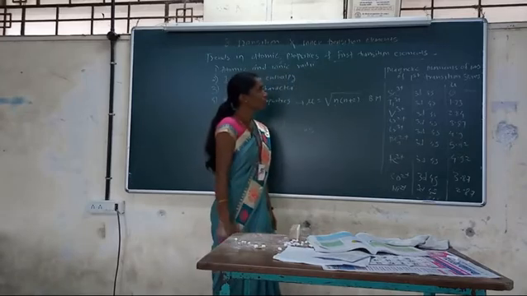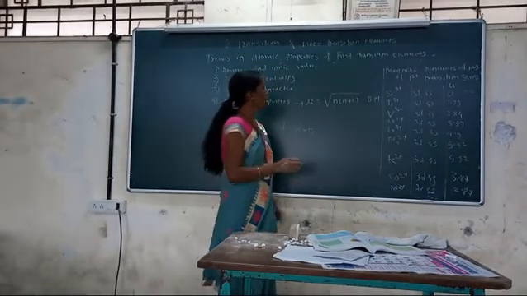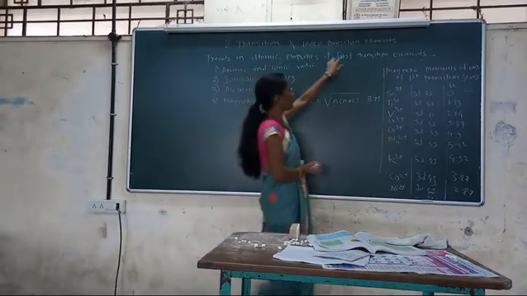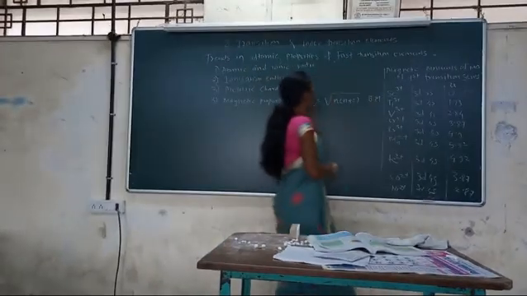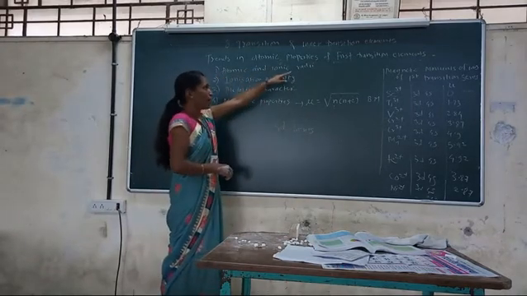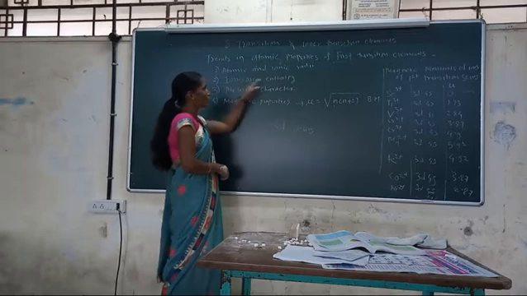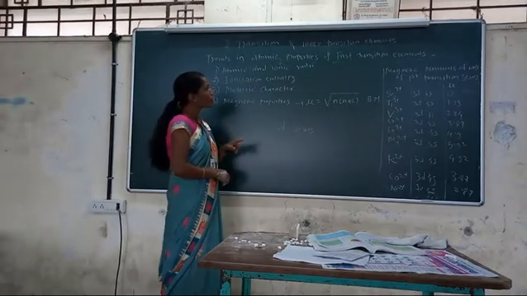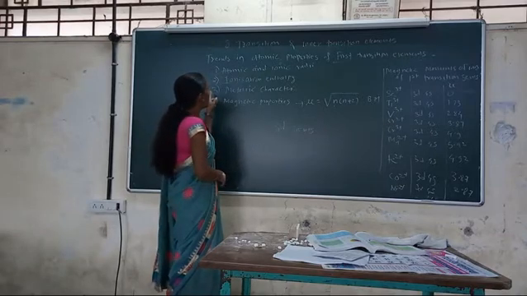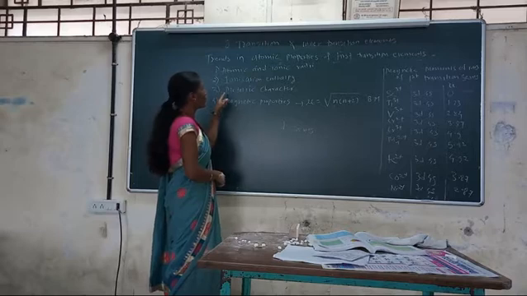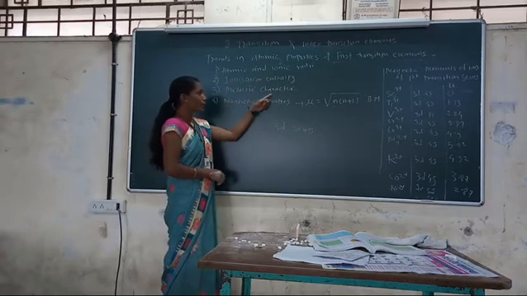In the last lecture we learned about two trends in atomic properties of the first transition elements: atomic and ionic radii, and ionization enthalpy. In this lecture we are going to start the third atomic property, that is metallic character.